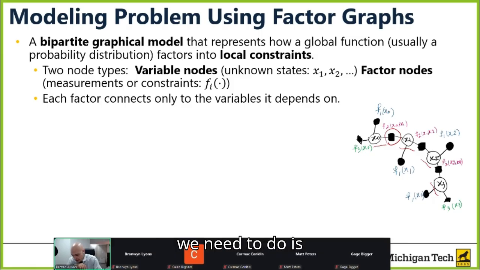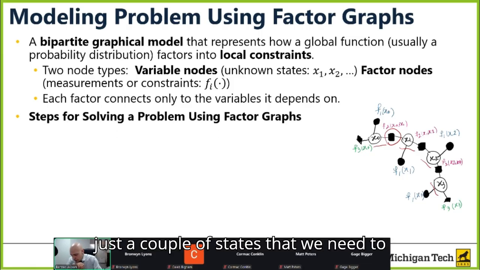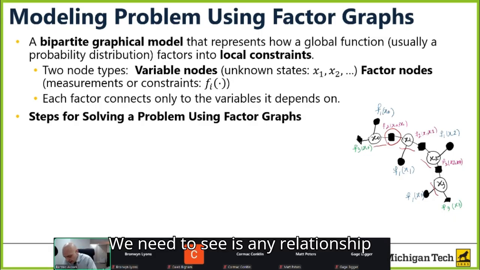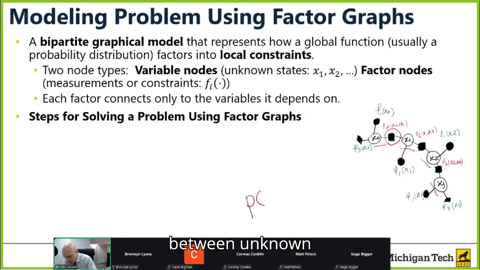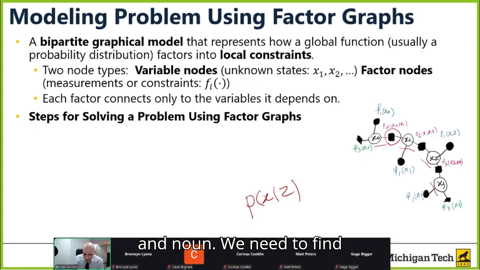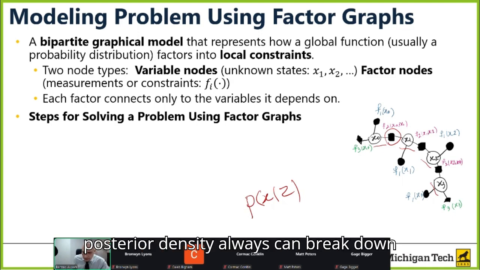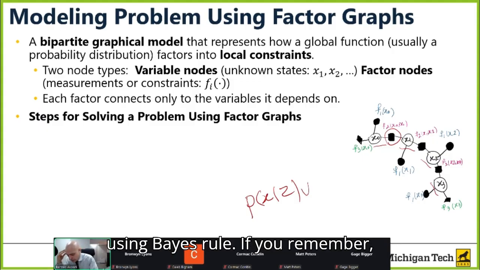So the steps that we need to do are a couple of stages that we need to consider. The first step is to define the probabilistic model. We need to see if there is any relationship between unknown and known. We need to find this one. And this is called the posterior density. We talk about that a lot. But this posterior density can always be broken down using Bayes rule. If you remember, we can see this as Bayes rule.